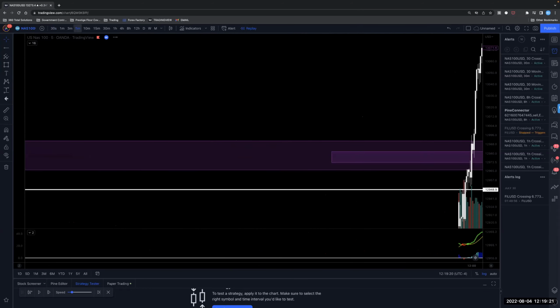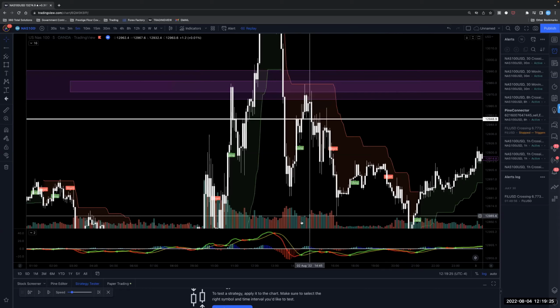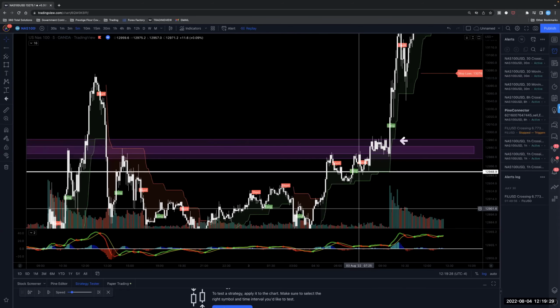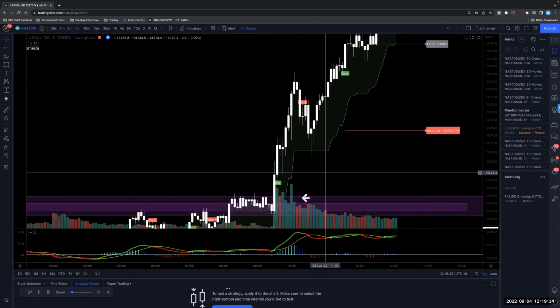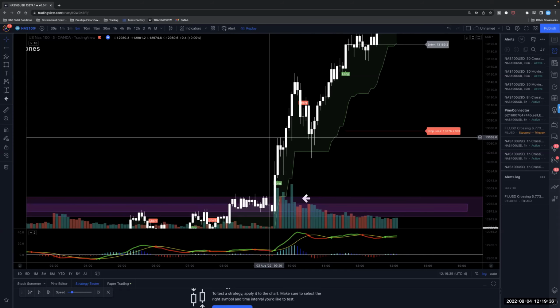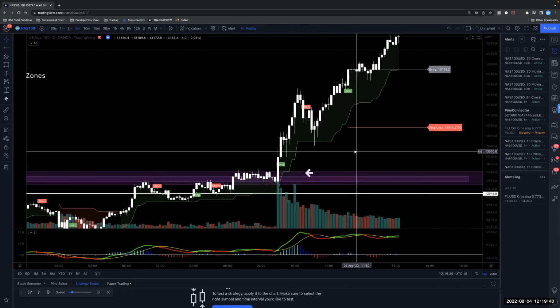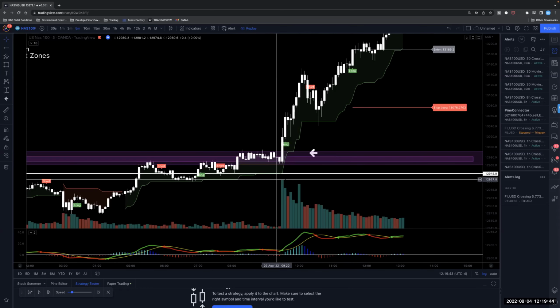But the way we teach our members is that on the 5 minute, you want to try and hold till you get to the TP1. So let's see here, we have the 5 minute calls right here, and then we had the break above, and our stop loss, if I do a quick replay, was essentially somewhere around this area.